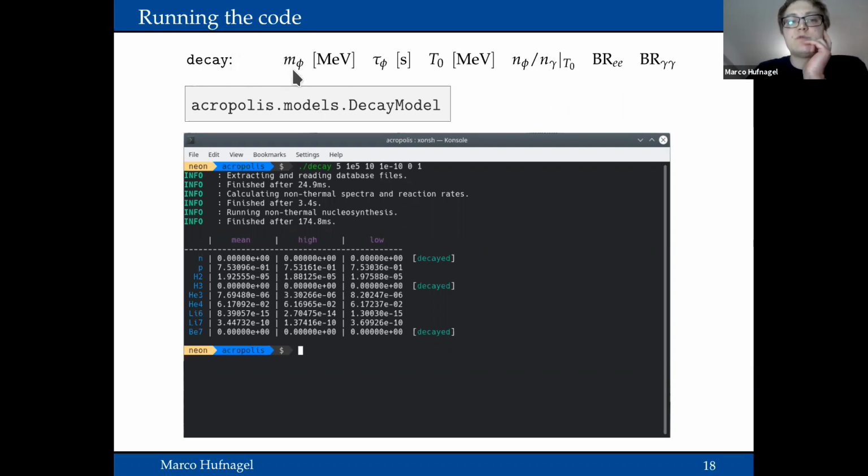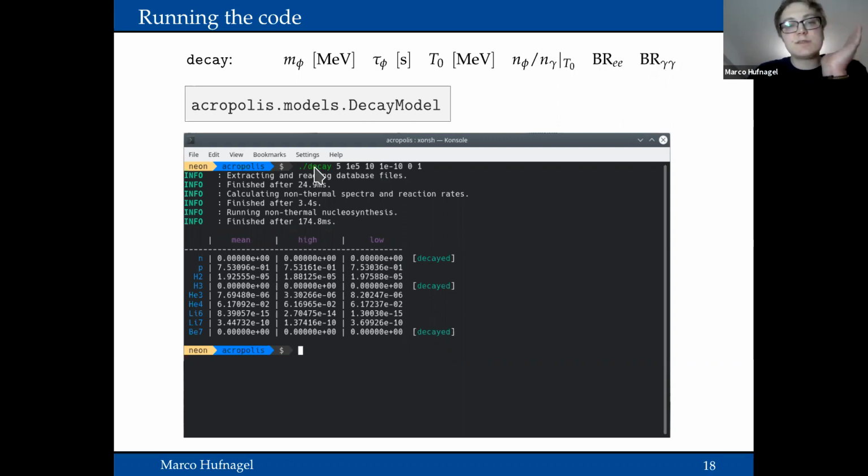And you have to provide it with a mass of the particle, a lifetime, and then a reference temperature and the abundance of this particle relative to photons at this reference temperature, assuming that afterwards the abundance only redshifts. And then finally, the branching ratios into electron-positron pairs and into 2 photons.